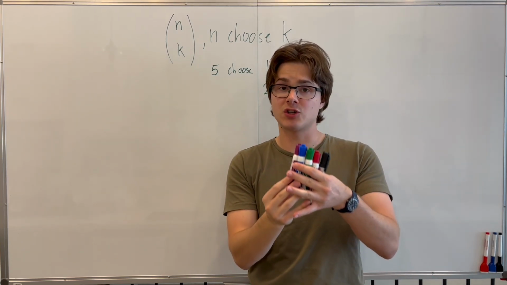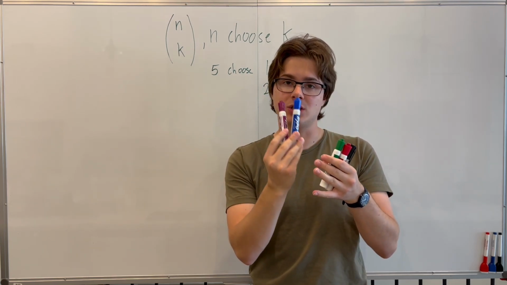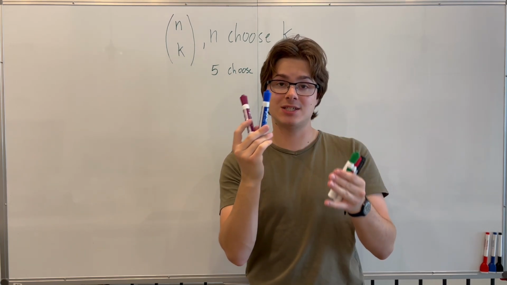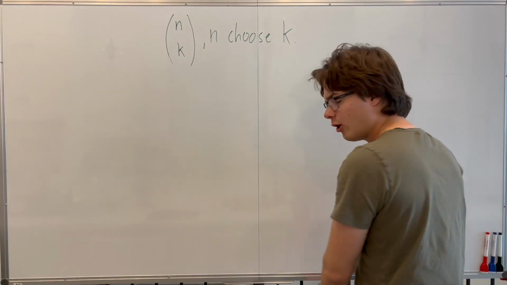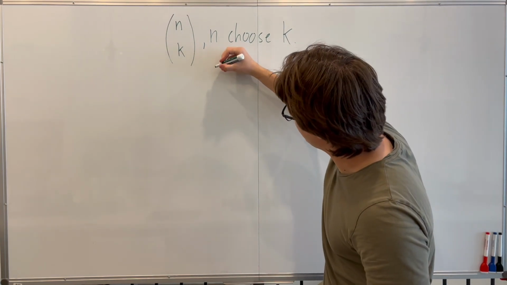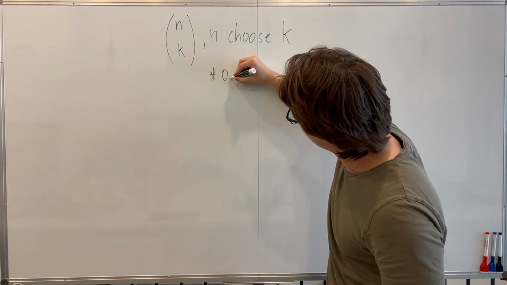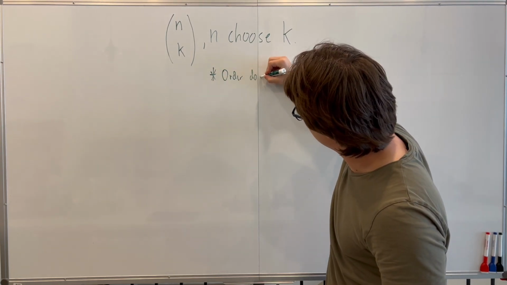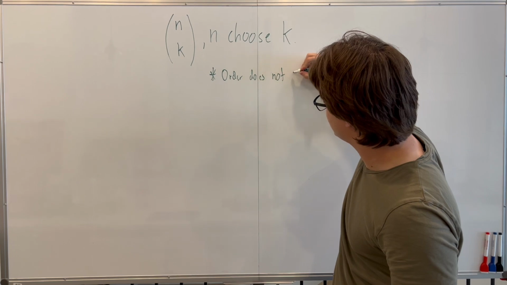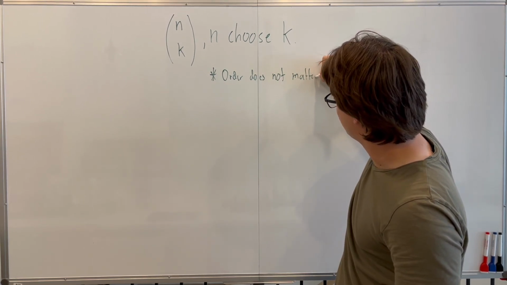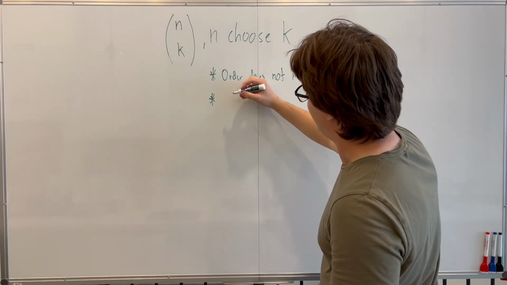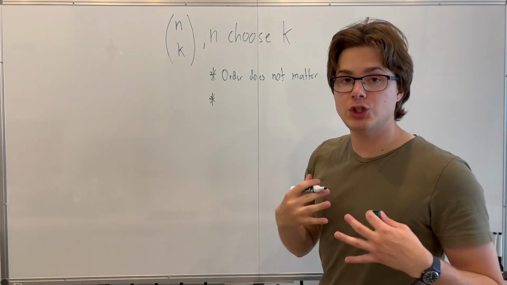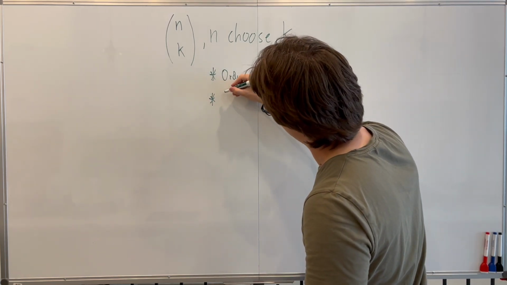Because we're choosing 2 markers at the same time, they will have to be distinct. You can't split this marker into 2. So I hope that better explains that this notation means order does not matter. And second of all, everything you choose is going to be distinct.